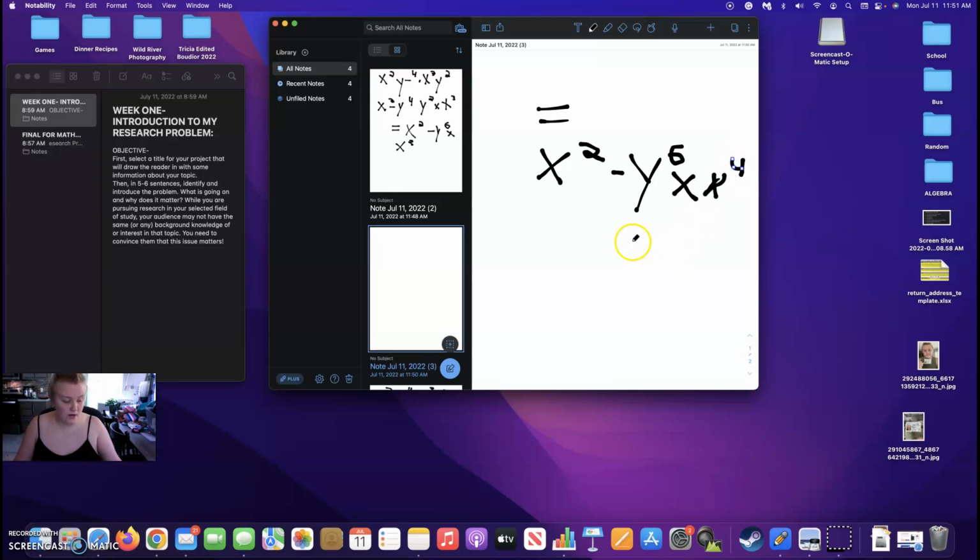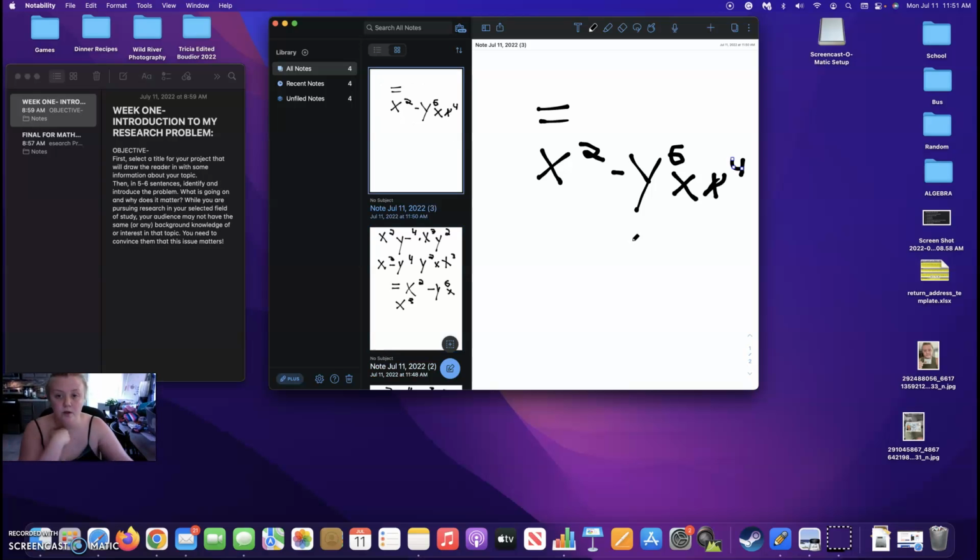And that's what I got for an answer by breaking it down and simplifying it using the exponent rule. So you use a to the b plus c, which equals a to the b times a to the c. So the y's all got combined and added together, which equals 6, 4 plus 2. And then you have x squared minus y to the 6 times x to the fourth.